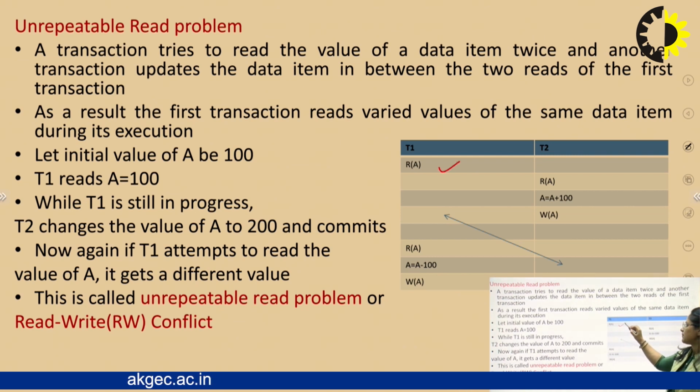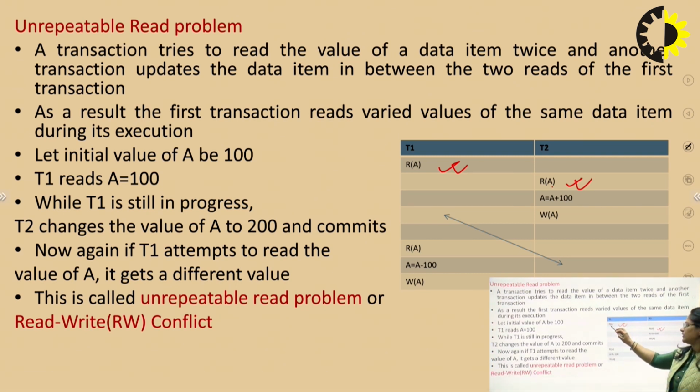T1 does a read operation on account A, and T2 also reads account A. After that, T2 updates account A and writes it to the database. Again T1 reads account A; if earlier it was 500, now it is 600, so it will read 600.